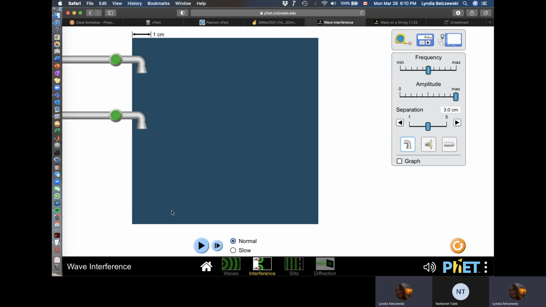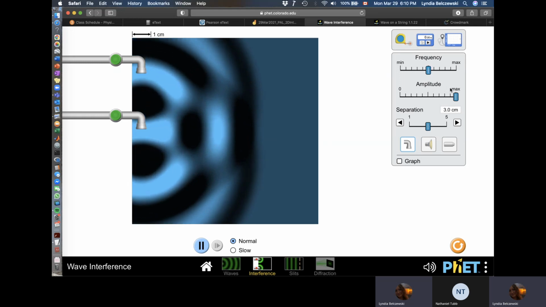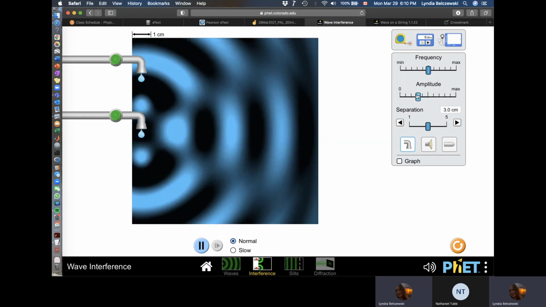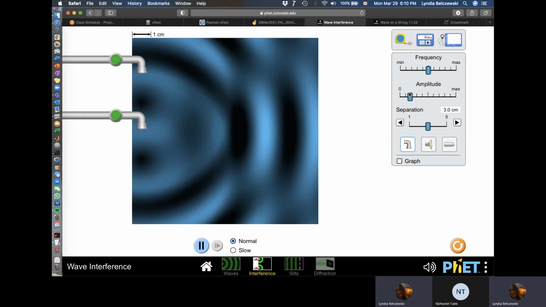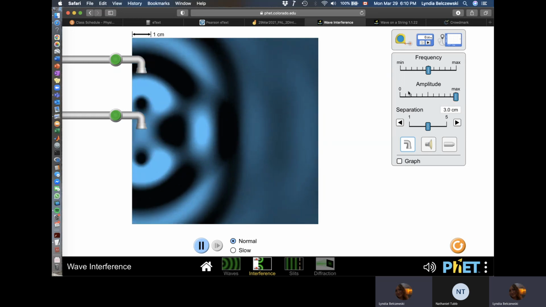These green buttons will start the taps when you press play, and you can see the waves there. The amplitude will tell you how bright the waves are. I'd suggest putting it up to max because that's easiest to see visually.